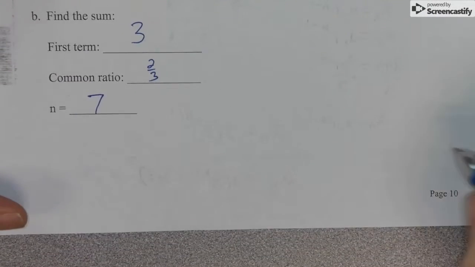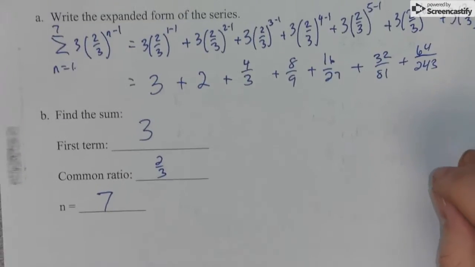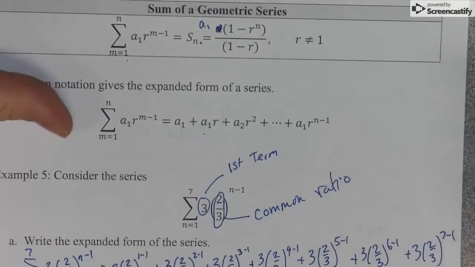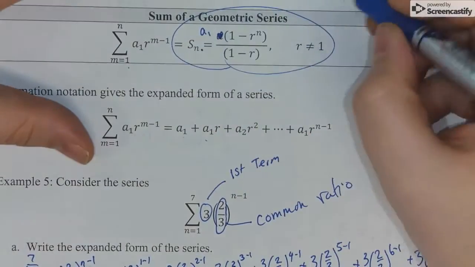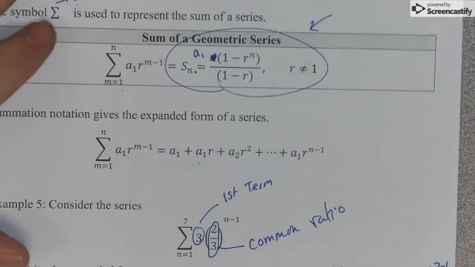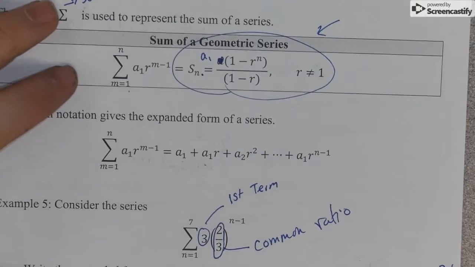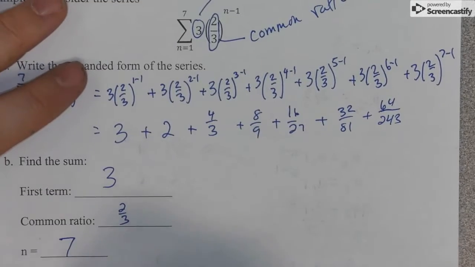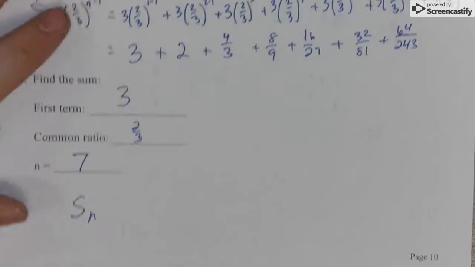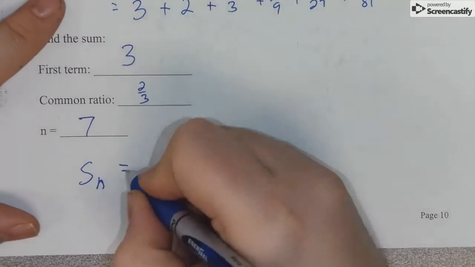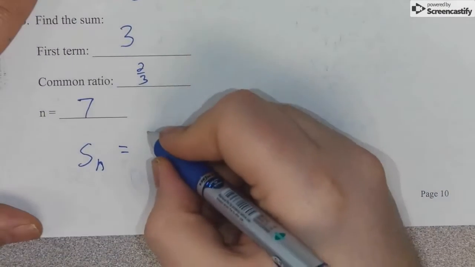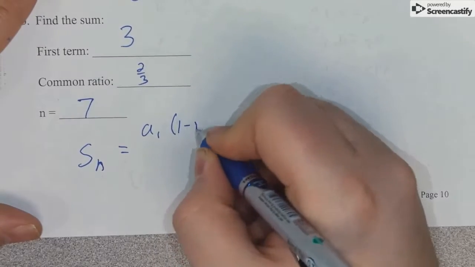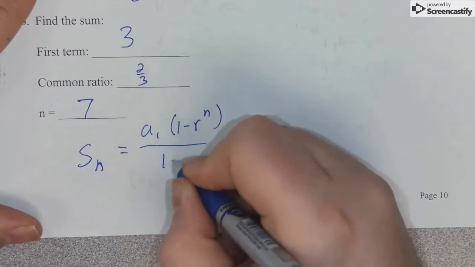So to find the sum, we're going to go back up here. We're going to use this formula right here to find the sum. So we're going to use S sub n equals a sub 1 times 1 minus r to the n over 1 minus r.